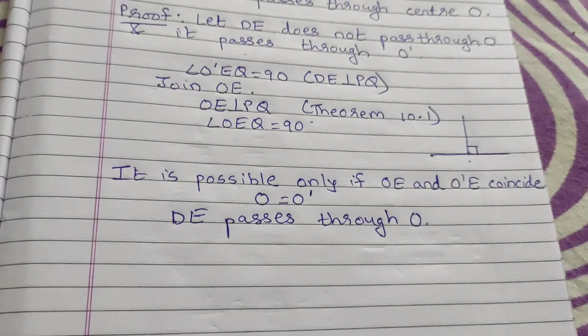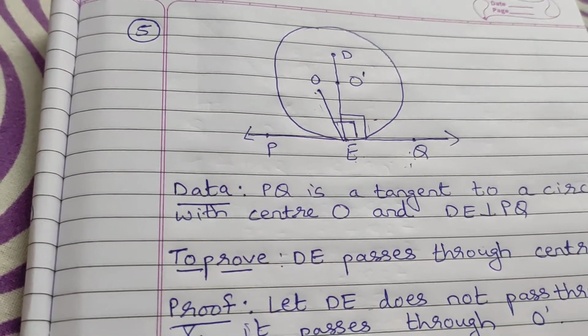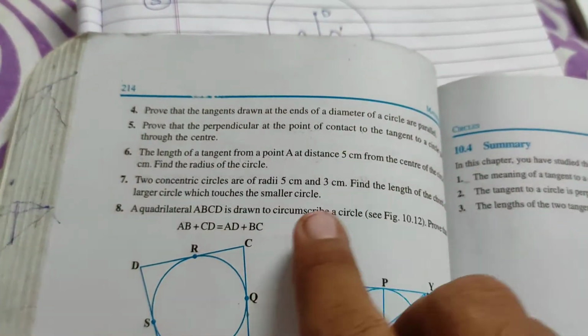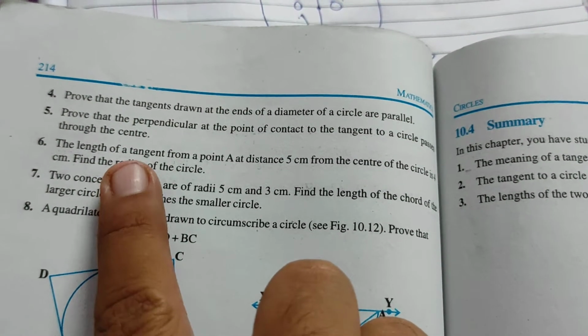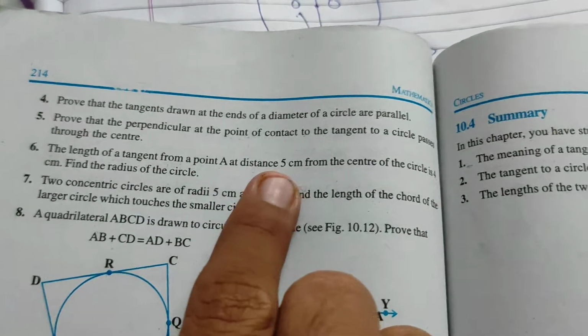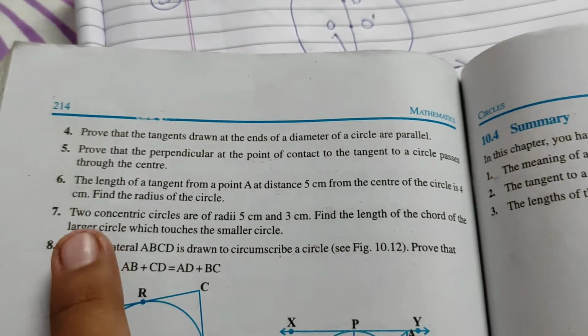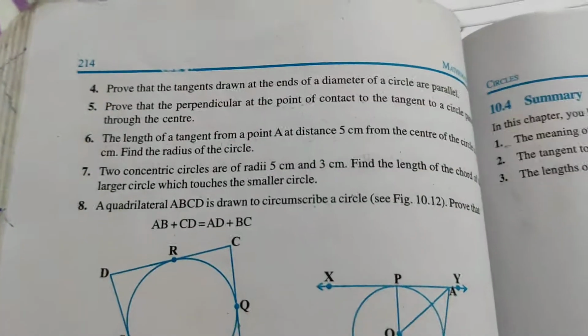Moving on to sum number 6, which is a very simple sum based on Pythagoras theorem. According to question 6, the length of tangents from a point A at a distance 5 cm from the center of the circle is 4 cm. Find the radius of the circle.